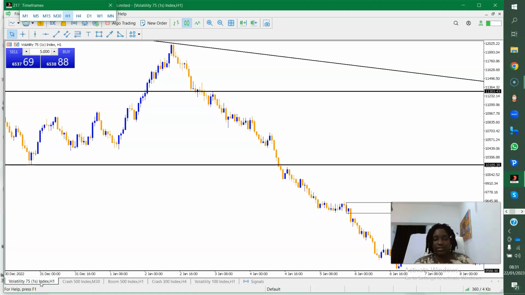Now, not just trading Volatility 75 1S. I use it to raise that $1 into something like $10, then $20 or $30. From there, I can start exploring other indices because the account is big enough to hold good enough trades. So I love Volatility 75 1S very much.